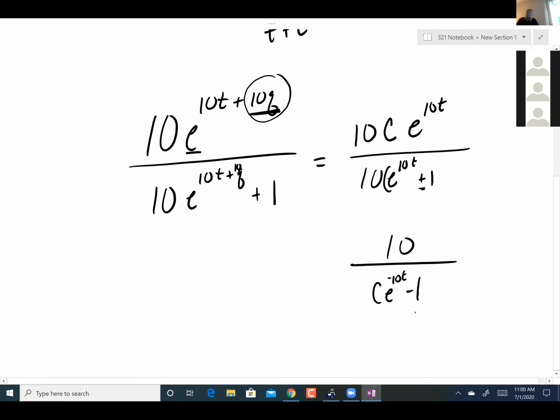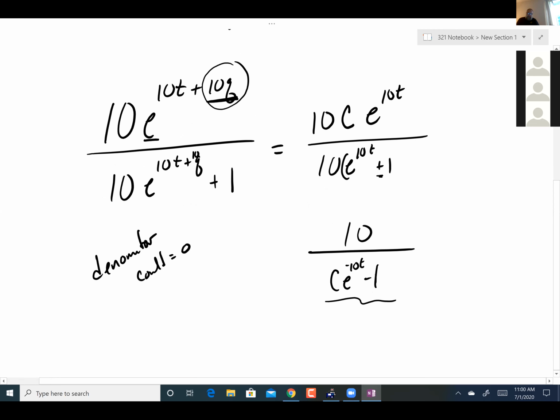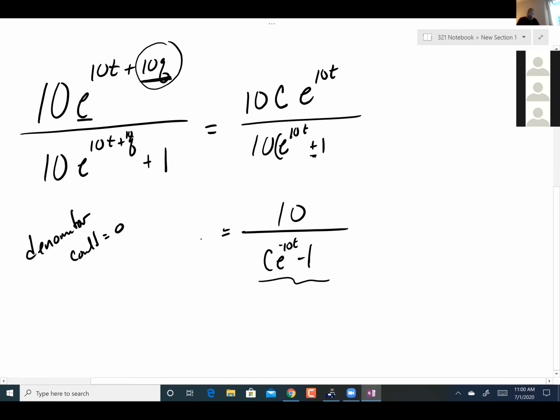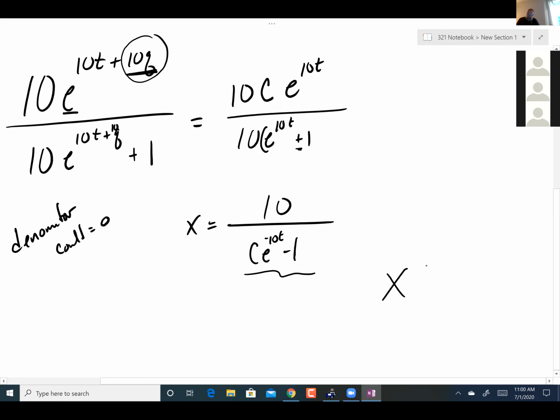If there's a negative here, that means the denominator could equal 0. If the denominator could equal 0, what's going to happen to my population? Graphically, what would happen to it? Oops, let me graph this real quick. If here's your x versus t, what happens as the denominator goes to 0? What's going to happen to my population? What's the graph going to look like?